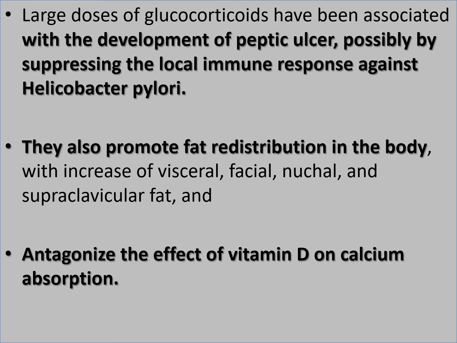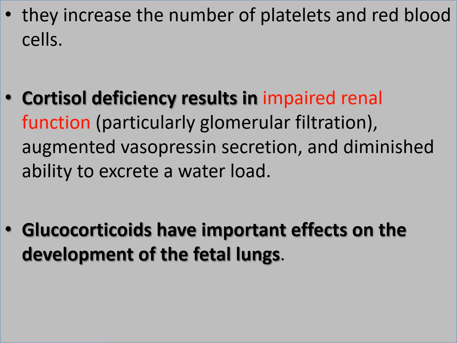They also promote fat distribution in the body with an increase of visceral, facial, knuckle, and supraclavicular fat, and this is what we call fat redistribution. They have some effect on vitamin D and calcium absorption: they antagonize the effect of vitamin D on calcium absorption. They increase the number of platelets and RBCs.